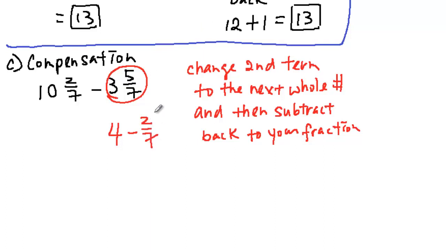And you can think 2/7 and 5/7 together will become one whole, right? So we're replacing 3 and 5/7 with 4 minus 2/7. And we are subtracting this again. If you see the subtraction sign in front of the parentheses, you will need to distribute the negative sign.